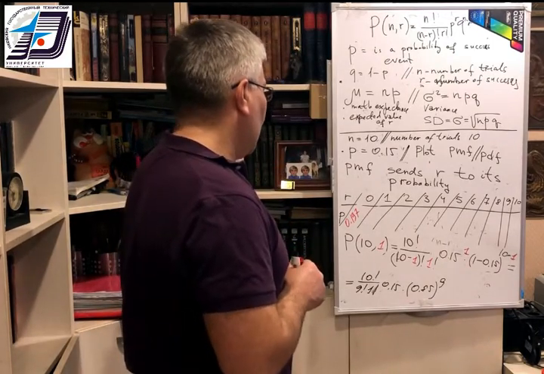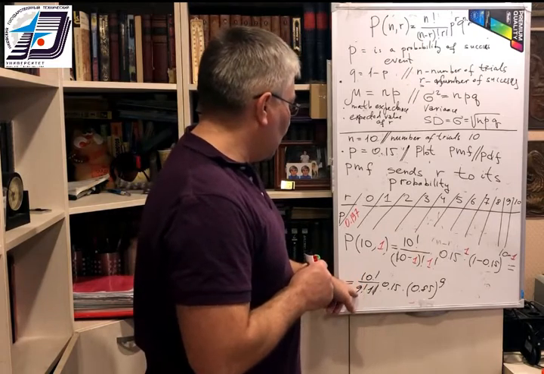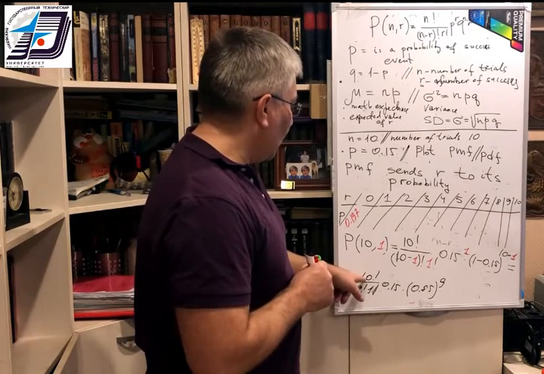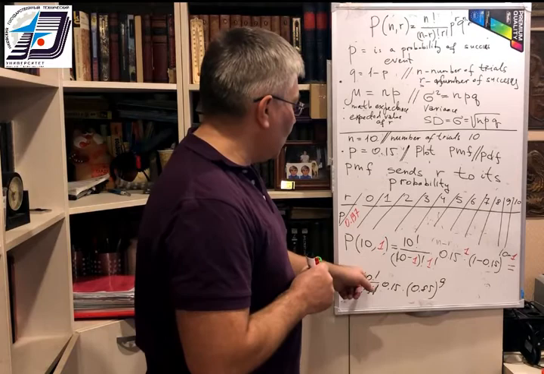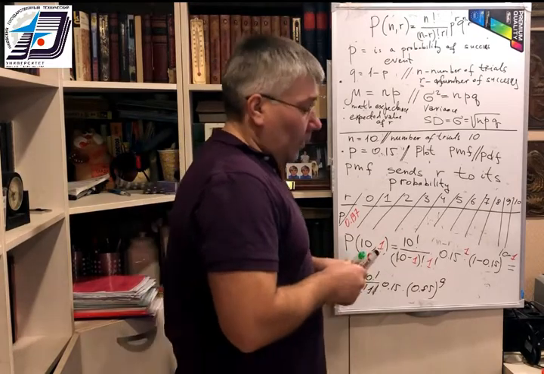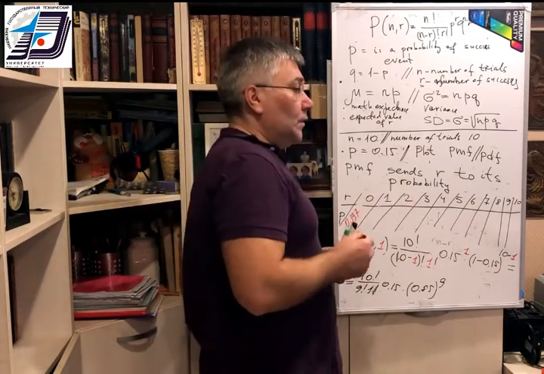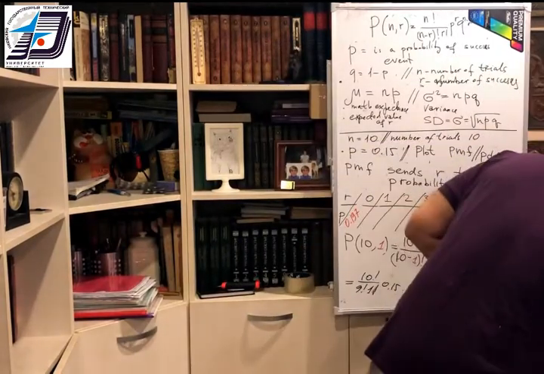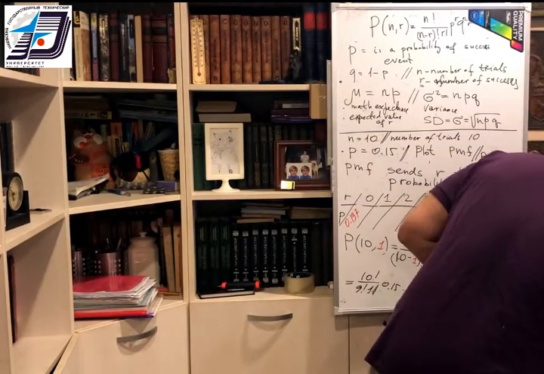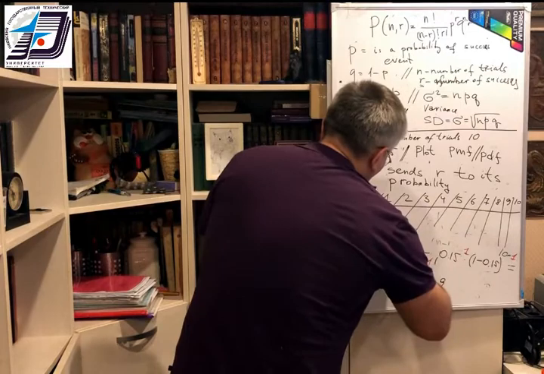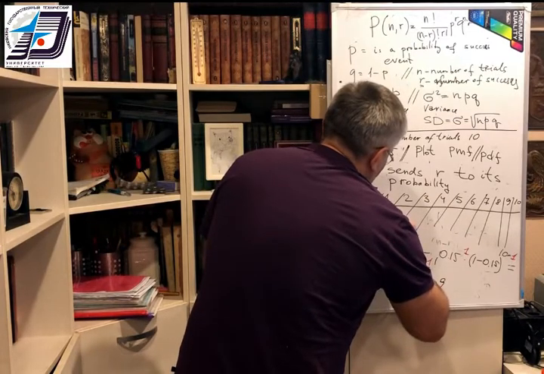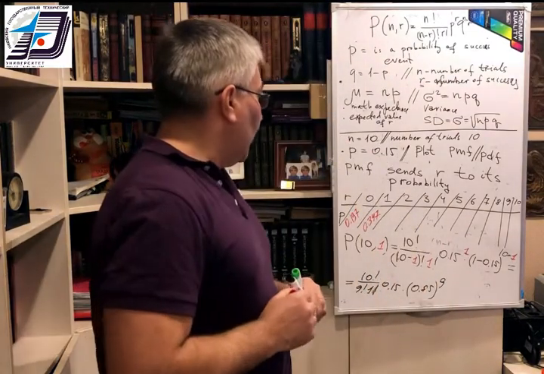I can cancel the 9 factorial. I used the Excel program, and the result is 0.347.